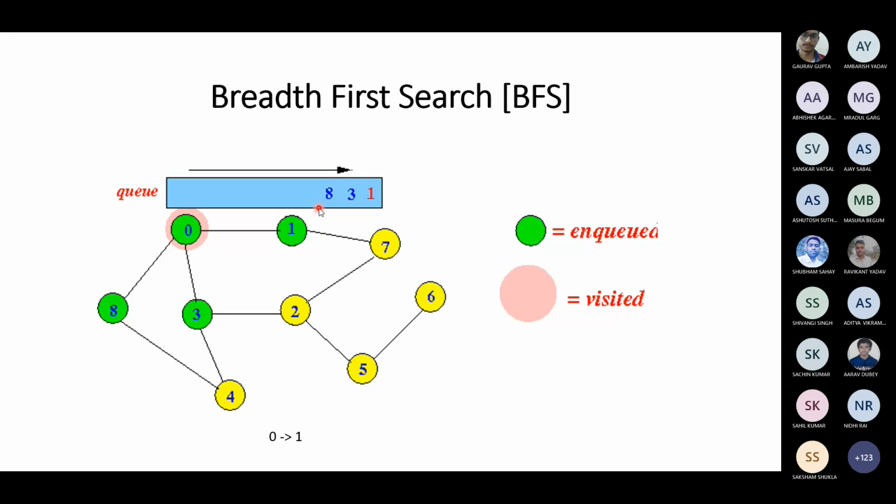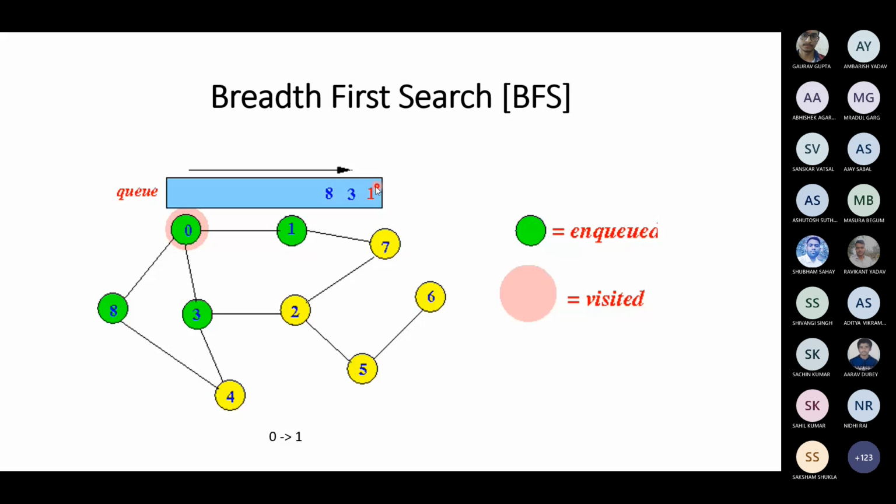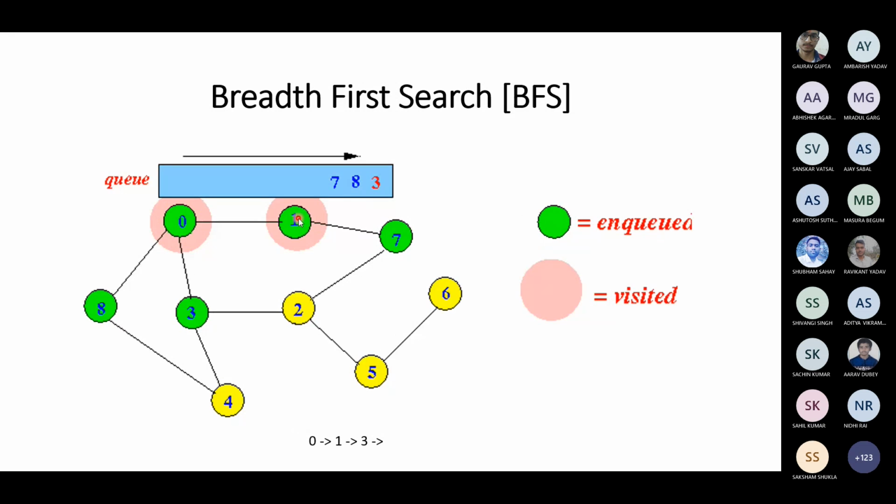The next node you will visit is the front. The front is 1. You are visiting 1 and marking it as red. After 1, the next node 7 will be inserted after 8 only. Whatever nodes you are visiting, those edges you will insert after the existing nodes.